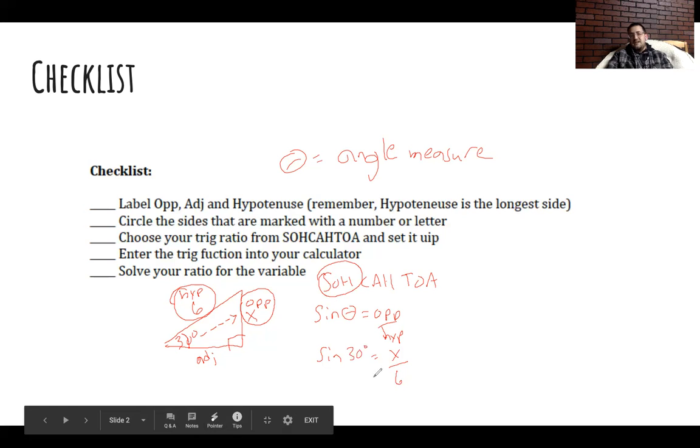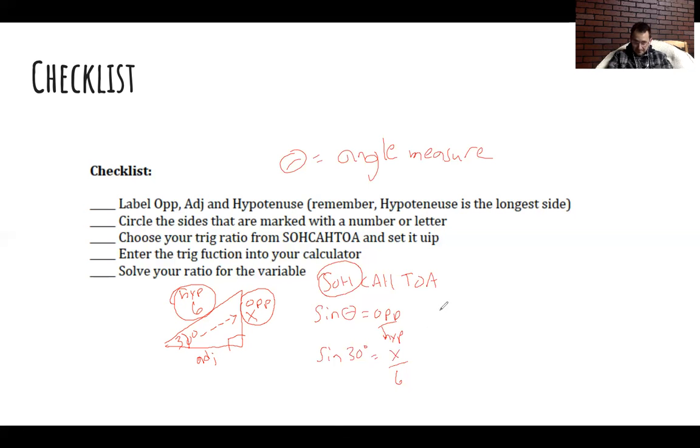Sine of 30 is exactly 0.5. So you want to put your calculator in degree mode. Just ask me during breakout room, or ask Ms. Atkin during breakout room, if you are having some issues getting it in degree mode, but you just enter sine of 30.